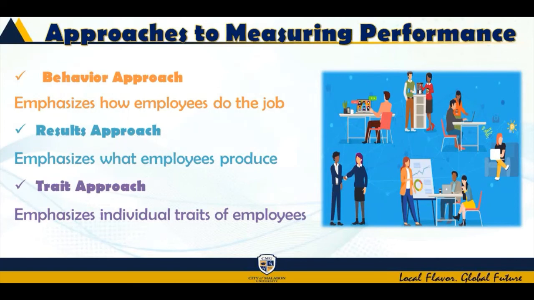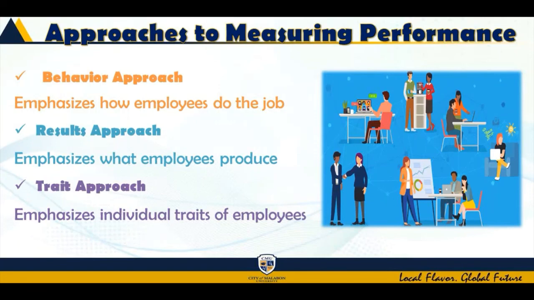And another circumstance is that there are many ways to do the job right. When there are different ways in which one can do the task required for a job, a result approach is appropriate. An emphasis on the result can be beneficial. Why? It could encourage employees to achieve the desired outcomes in creative and innovative ways.